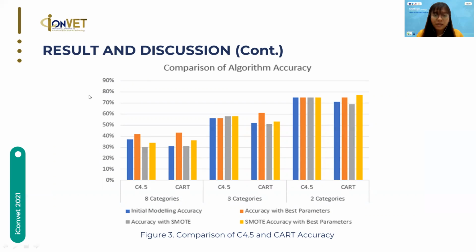The next section is the comparison of algorithm accuracy. We can see on our screen the table comparing the accuracy of the implementation of the C4.5 algorithm and the CART algorithm, where the highest accuracy is the CART algorithm with an accuracy of 77% in experiment 2 with the best parameters and SMOTE.